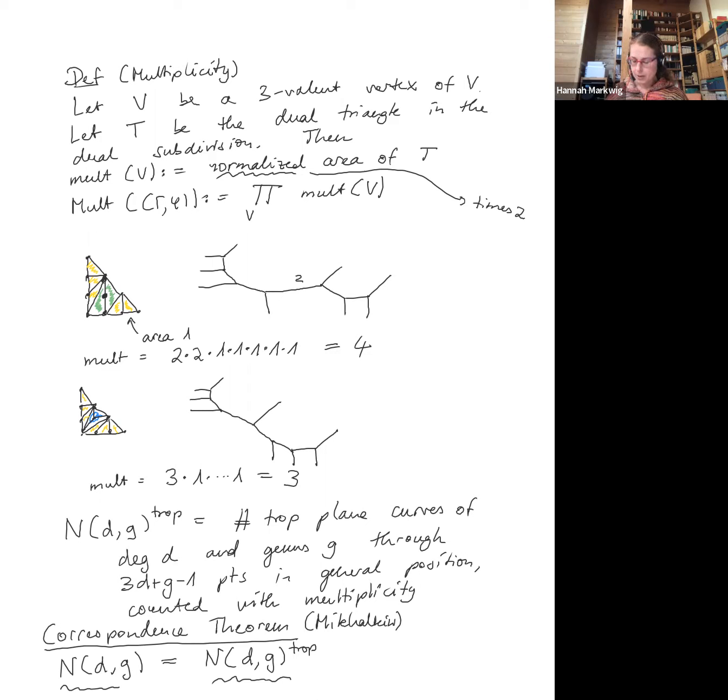This is something that we discussed a little bit at the end of the lecture yesterday already. If I give you 2 points and ask you to draw the tropical line through those, you won't have any problem for sure. But if I give you 5 points and ask you to draw the tropical conic through those, or if I give you 8 points and ask you to draw the tropical rational cubics through those, you don't really know what to do.